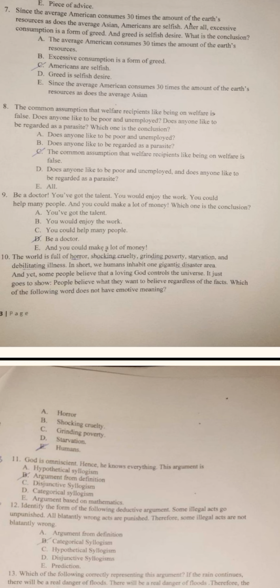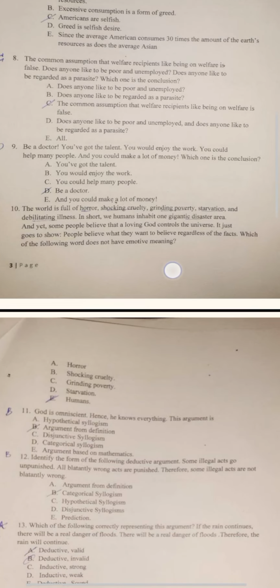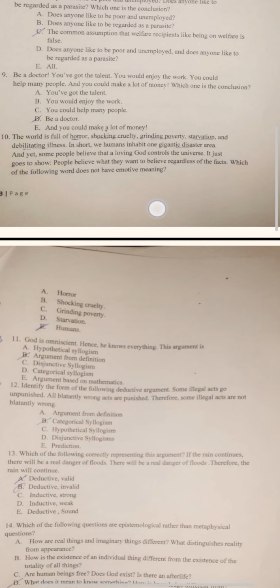B. Does anyone like to be regarded as a parasite? C. The common assumption that welfare recipients like being on welfare is false. D. Does anyone like to be poor and unemployed, and does anyone like to be regarded as a parasite? E. All. So the correct answer is what? C. Okay. The common assumption that welfare recipients like being on welfare is what? False. So the correct answer is what? C. Question number 9.